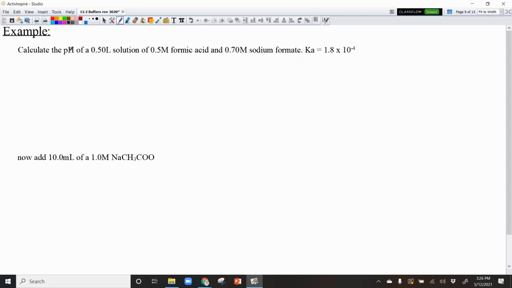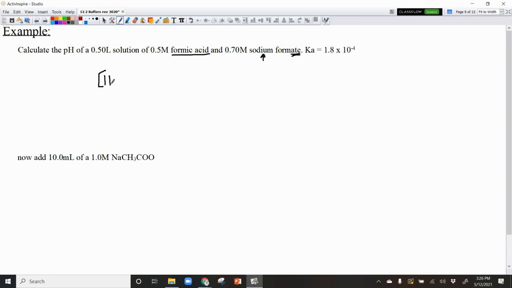Calculate the pH of a half liter solution of formic acid and a 0.7 molar sodium formate. Here's your acid and sodium formate. Here's the sodium, that is a spectator ion. So here's the acid and its conjugate base. We have a Ka here.